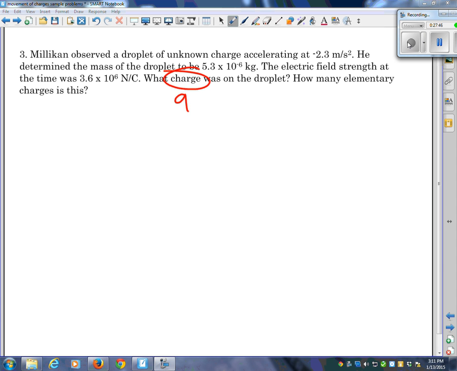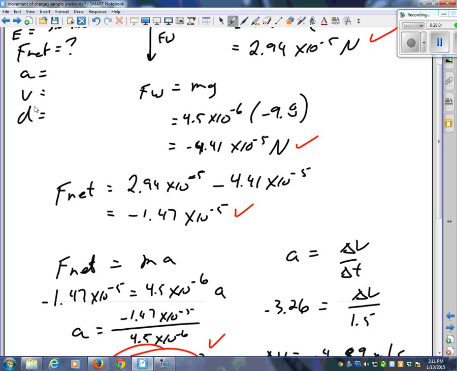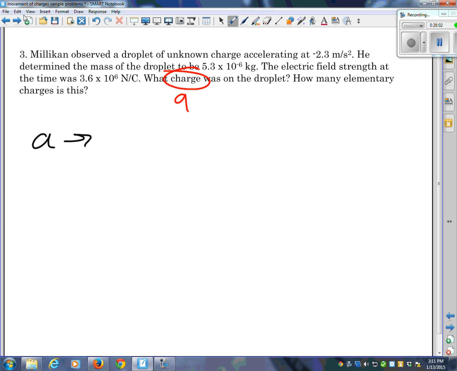Alright, so I was given the acceleration. Okay, listen. I was given the acceleration. From that, what can I solve for? F net. So now that I have acceleration, I can get to F net.